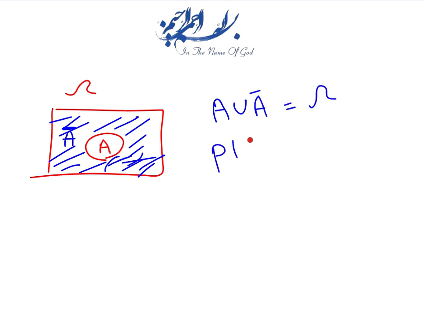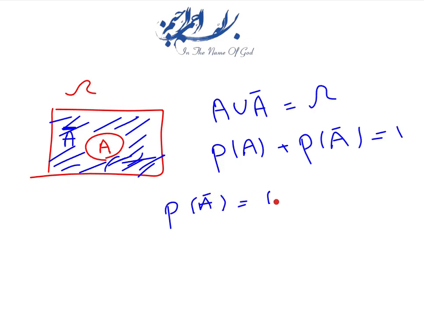So the probability of A plus the probability of A bar is equal to 1. So in this example, to compute the probability of A bar, we use this formula: 1 minus the probability of A. Okay?